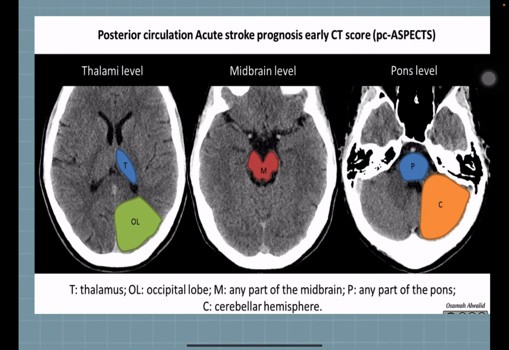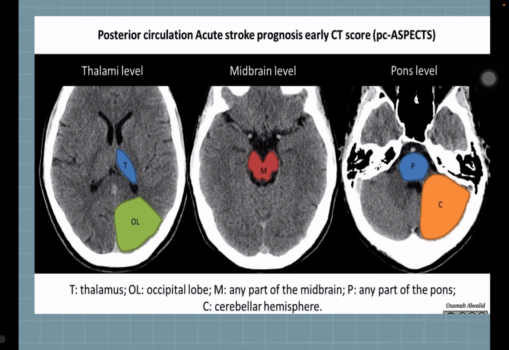And for your information, we also have the posterior circulation ASPECT score. As with the anterior circulation, the posterior circulation also has a 10-point scale where points are lost for each region affected.